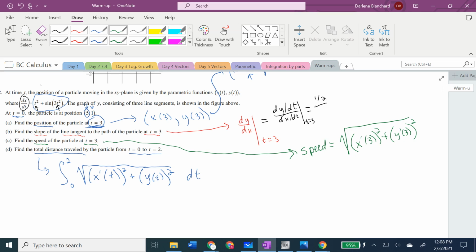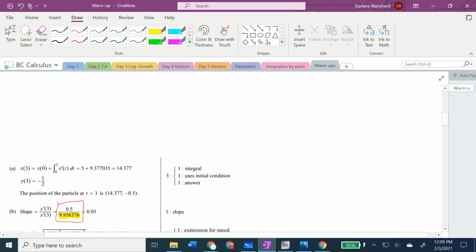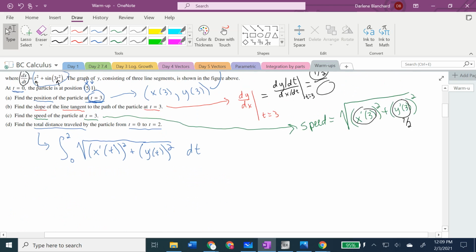Realize that you just found the two derivatives at 3. So the numbers that you just found up here and down here can be put into these spots, and then just let your calculator do the rest of it. So this is the 1/2, and the other one is the number that I just forgot, 9.956.